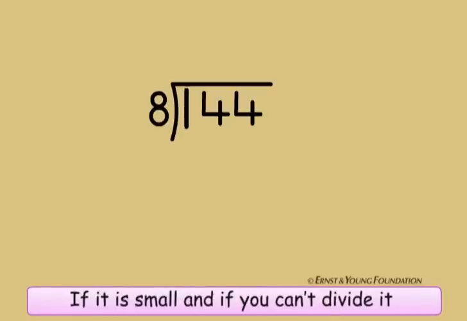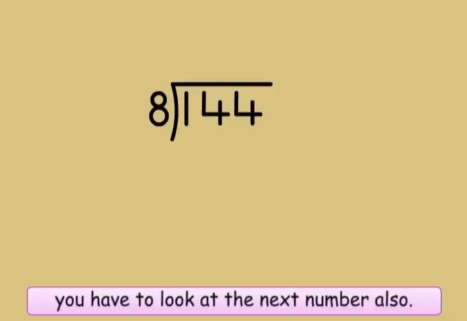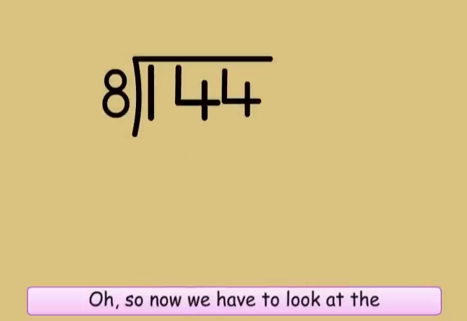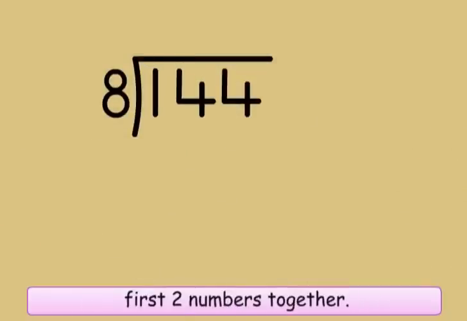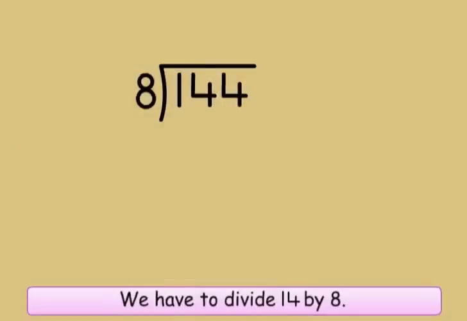If it is small and if you can't divide it with the number you have, you have to look at the next number also. Oh, so now we have to look at the first two numbers together. It is 14. That's right. We have to divide 14 by 8.